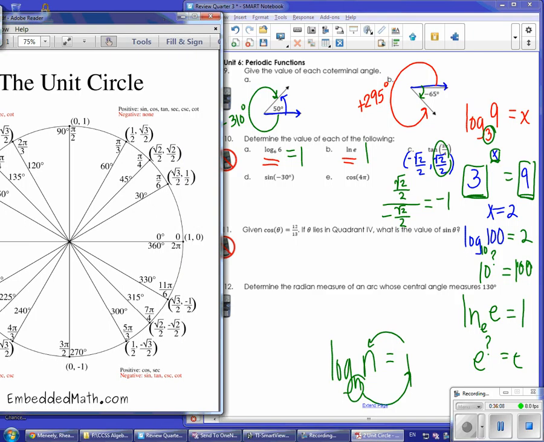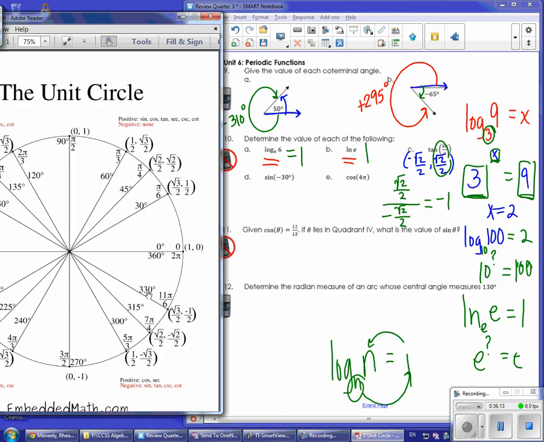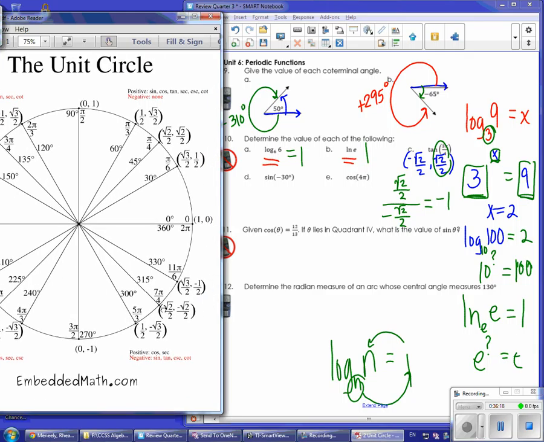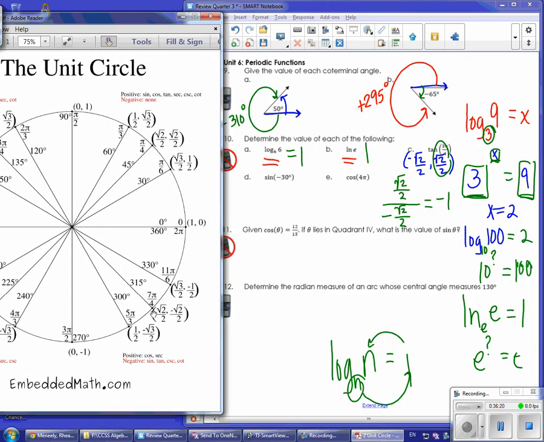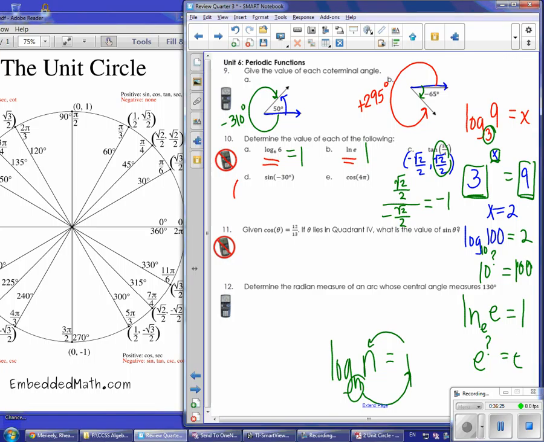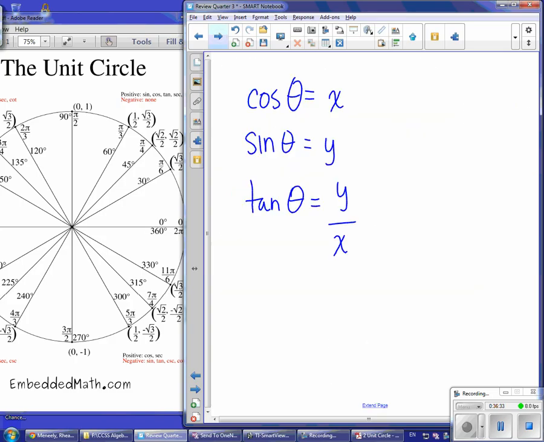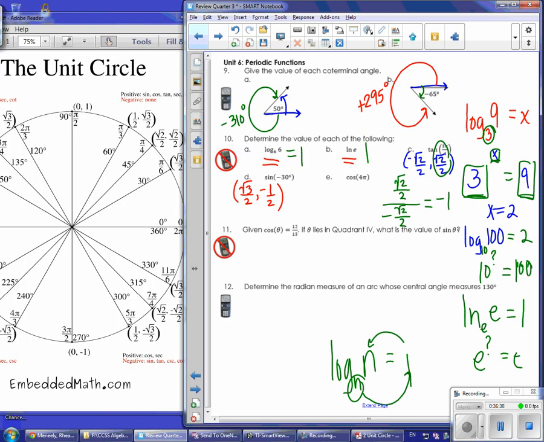So a negative 30 degrees is going to correspond to a 330 degree angle, and the coordinates for that are going to be right here: the square root of 3 over 2 and negative 1/2. So let me write these ordered pairs down. If I want to find the sine, remember we said the sine is simply the y-coordinate of that point. So the y-coordinate of that point is just negative 1/2.